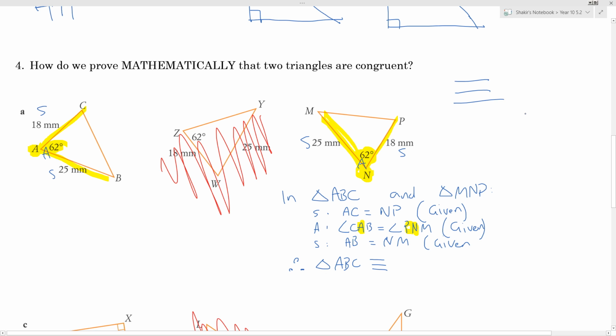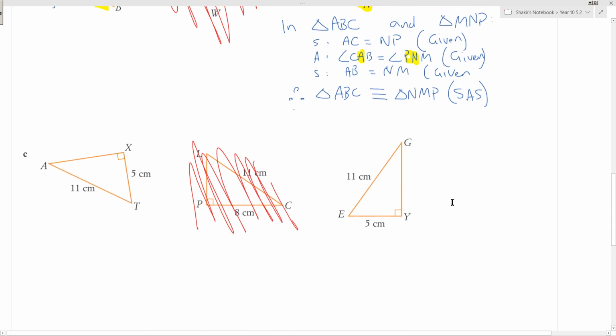These 3 horizontal lines mean is congruent to. So over here we're saying, therefore, triangle ABC is congruent to triangle NMP. And then in the brackets we just write SAS. And we are done.